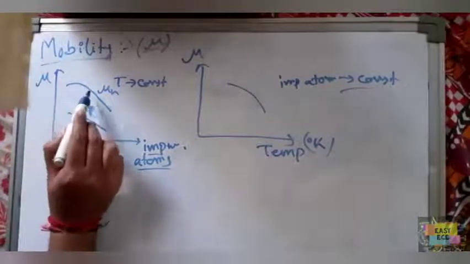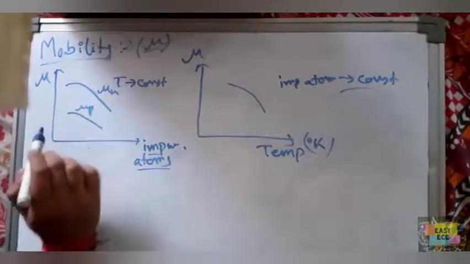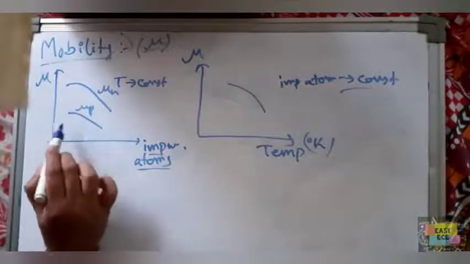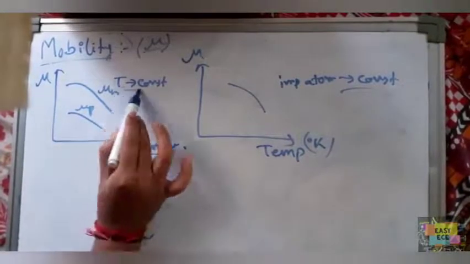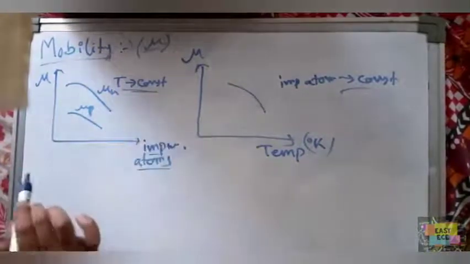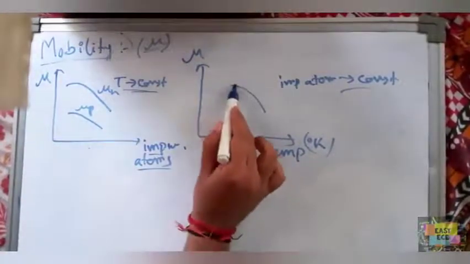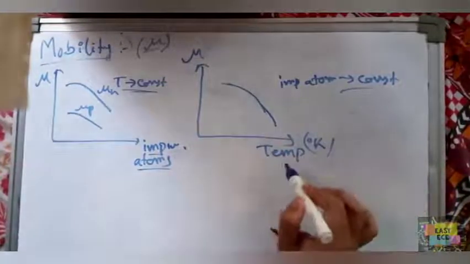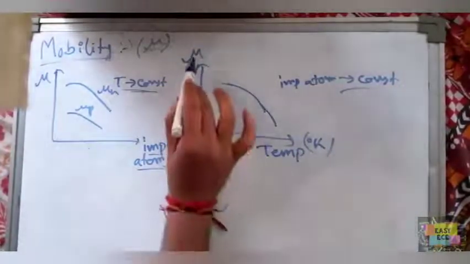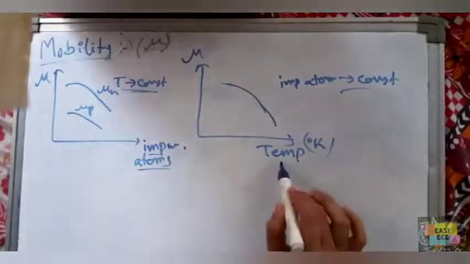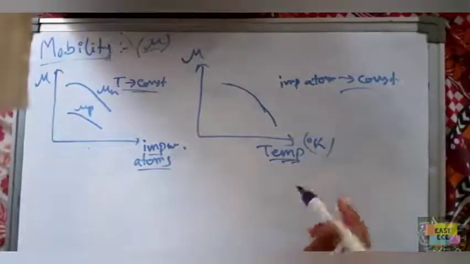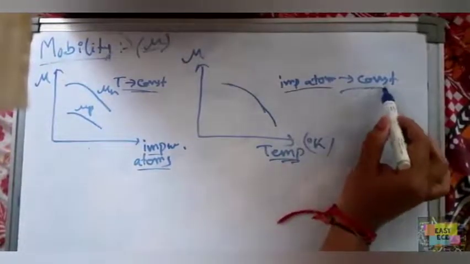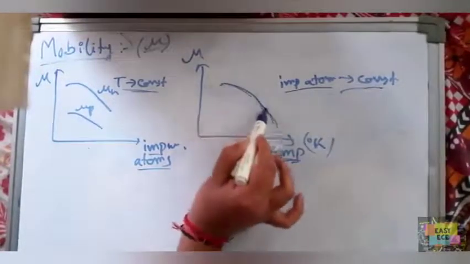The electron mobility graph looks like this, and the hole mobility graph looks like this, where temperature is kept constant. In the second graph, mobility changes with temperature, plotted in degrees Kelvin on the x-axis, with impurity atoms kept constant.